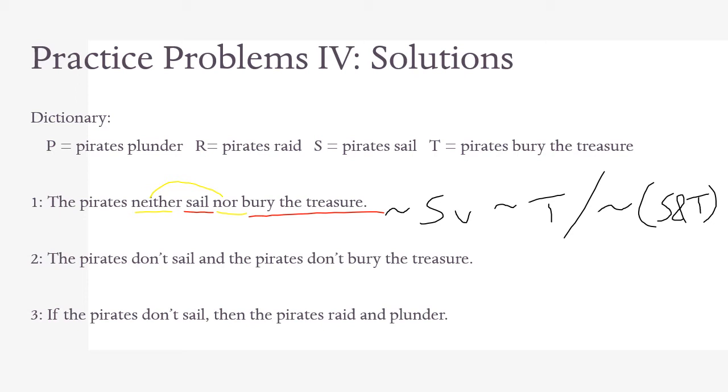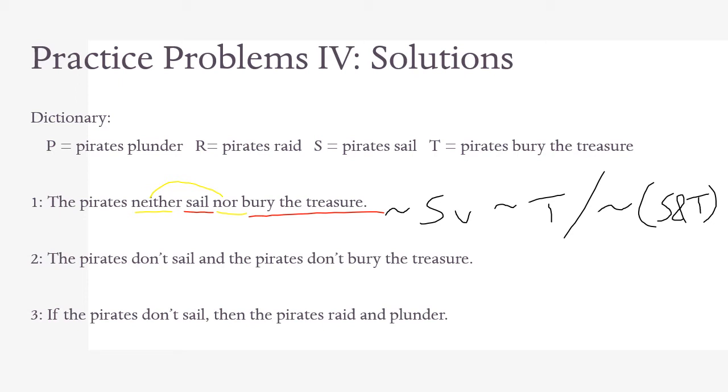I don't care which way you write it. To me, it makes more sense to write the not S or not T, just following the rules that I've been telling you. But if I see that you use tilde and then parentheses S and T, that's also correct too. But I just wanted to point that out to you here in this example.